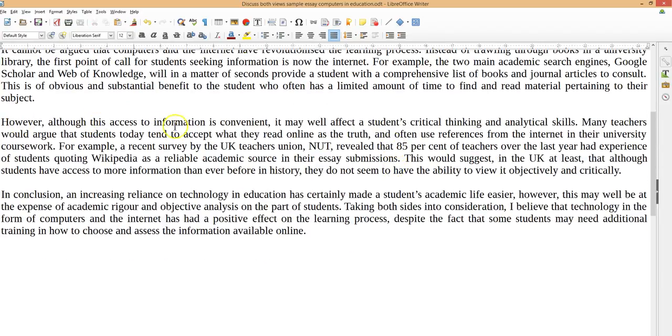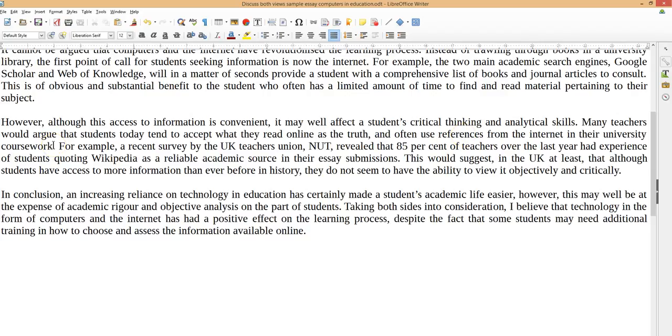However, although this access to information is convenient, it may well affect a student's critical thinking and analytical skills. Okay, that's my main idea. Explain it, expand it. Many teachers would argue that students today tend to accept what they read online as the truth and use references from the internet in their university coursework.